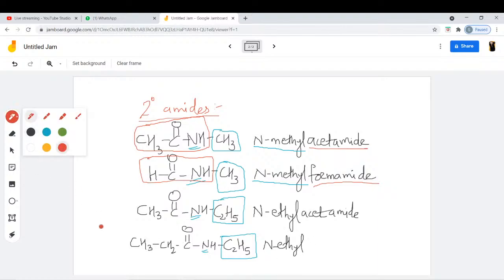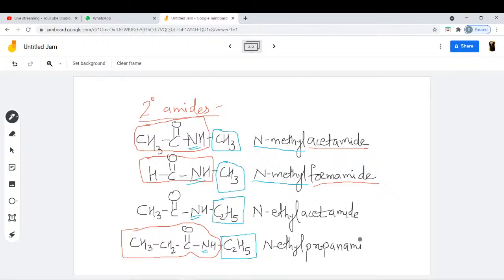Look it out: one, two, three carbons. Three carbons means propanamide, so N-ethyl propanamide. I think its nomenclature is easy.